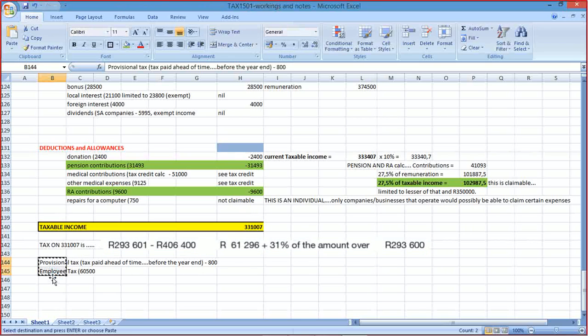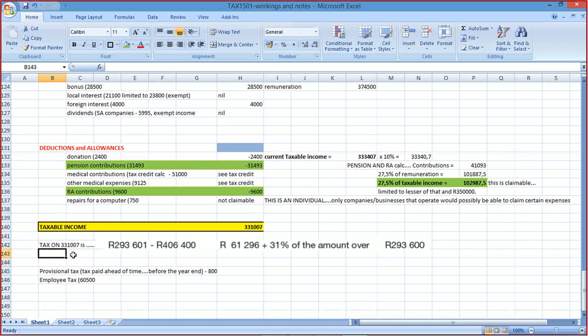Okay, so how much tax do we actually pay? Let's work it out. Tax equals. Okay, so it's 2. It's not 2, it's 6,161,296 plus, open brackets, 31%, 0.31 times the amount over that.